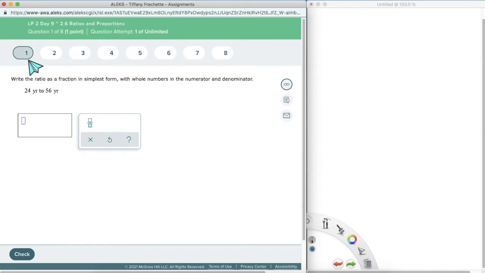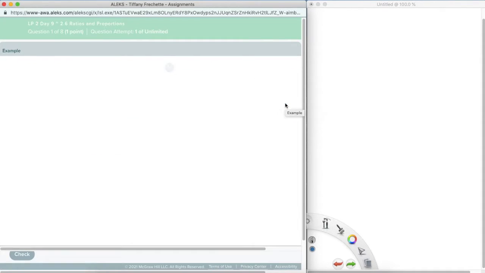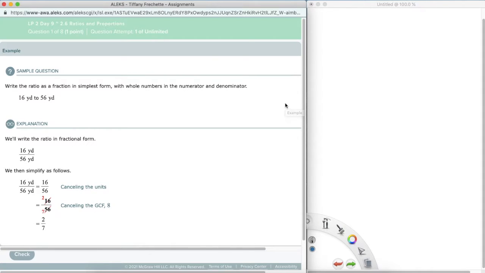But you can also click Example, and this will give you just a general example of this type of problem. Here we can see: write a ratio as a fraction in simplest form with whole numbers in the numerator and the denominator. A ratio is a fraction, and we're comparing two numbers, 16 yards to 56 yards. We can see that's happening here. 16 yards to 56 yards.